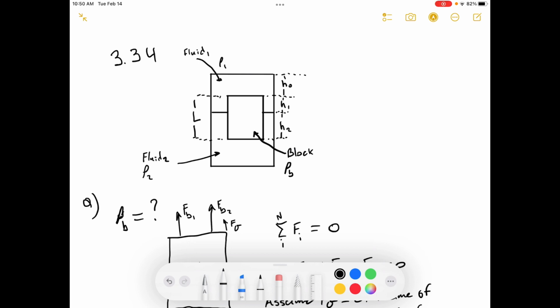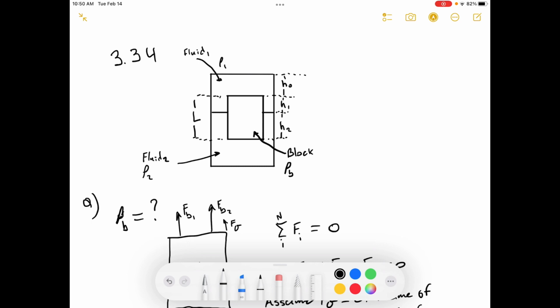Today we're working out of Elementary Principles of Chemical Processes, 3rd edition. We're doing problem number 3.34. The problem statement says, a rectangular block of height L and horizontal cross-sectional area A floats at the interface between two immiscible liquids, as shown below.